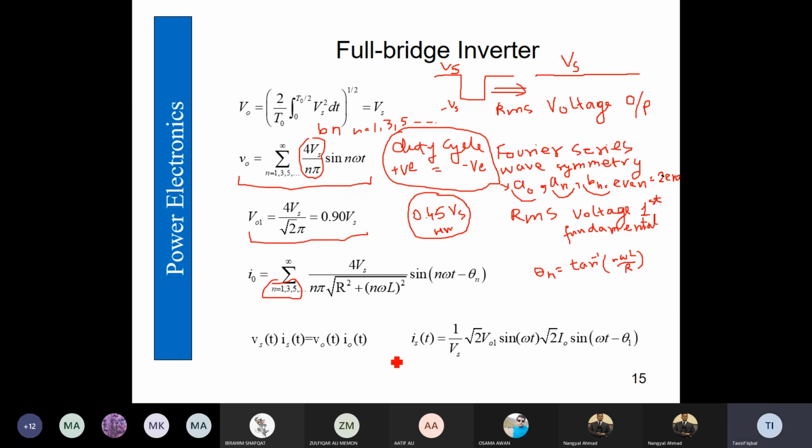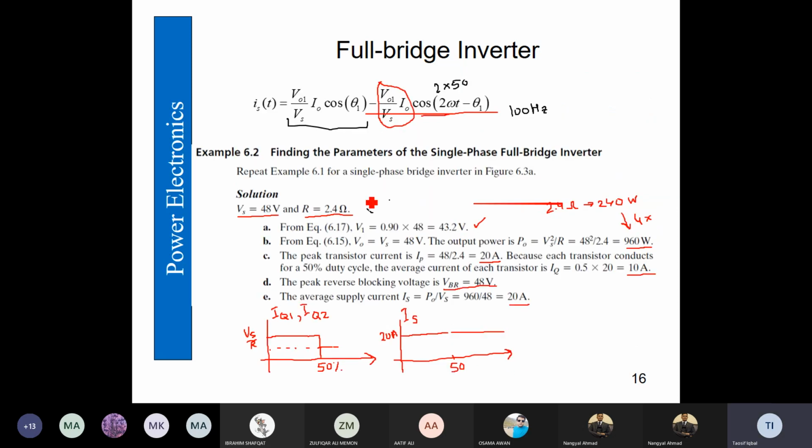To find the value of DC current, we'll assume the input and output powers are equal, and therefore we find out the DC current of the DC side, input side.